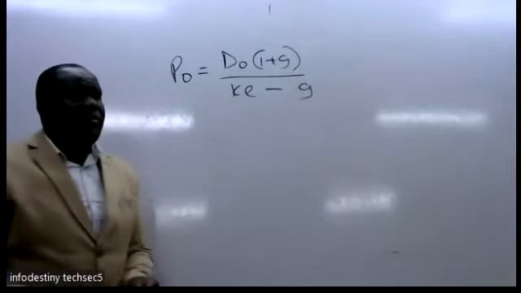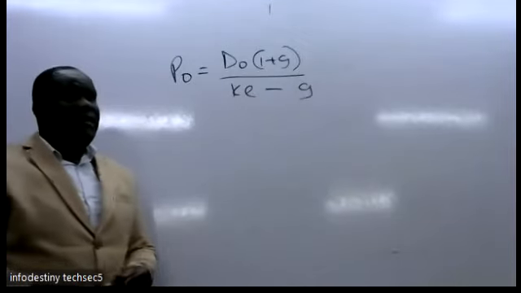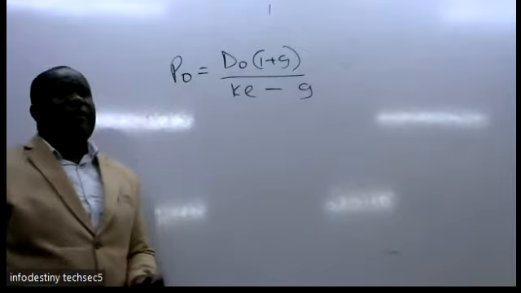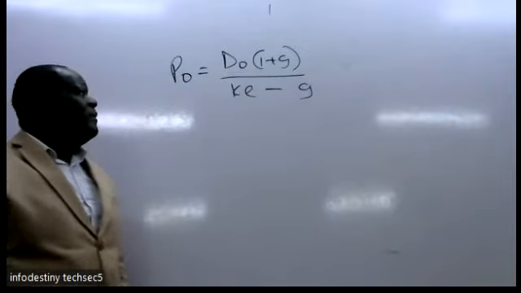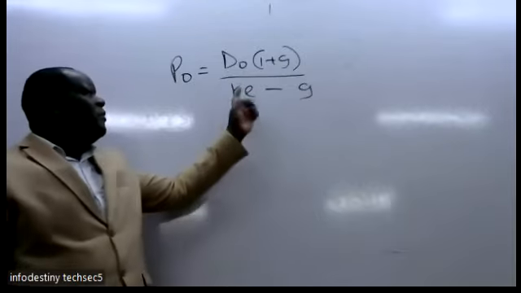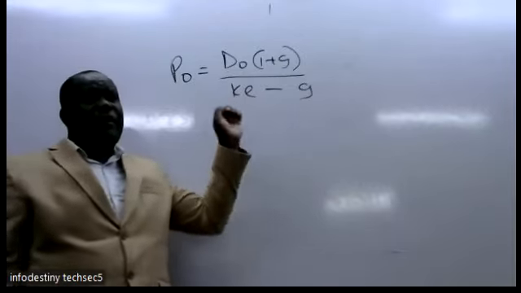So to compute the price of the share, P0 equals D0(1 + g) divided by (Ke − g).